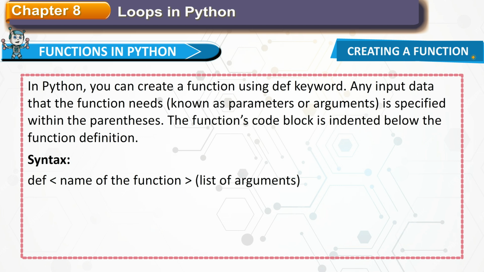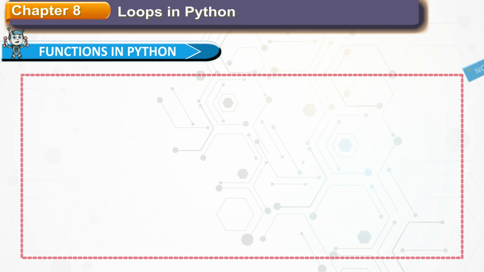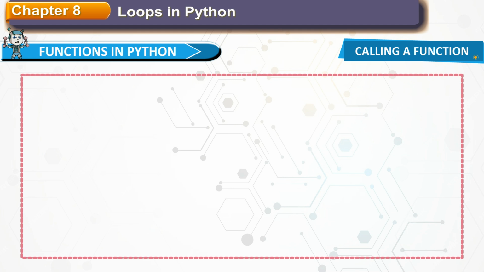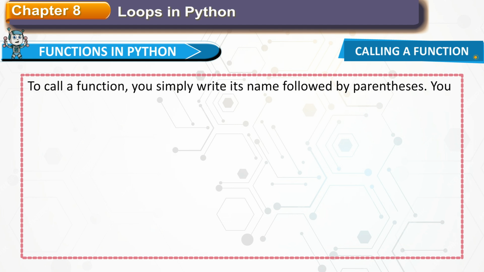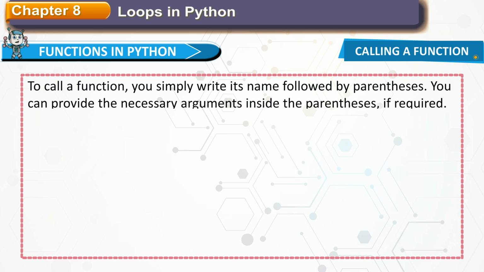Syntax: def name of the function, list of arguments, body. Calling a function. To call a function, you simply write its name followed by parentheses. You can provide the necessary arguments inside the parentheses, if required. For example, greet("John").